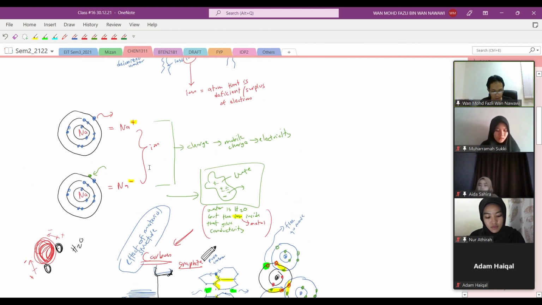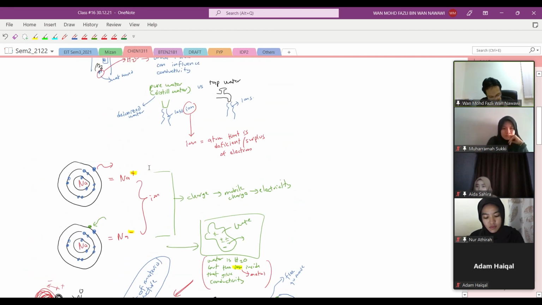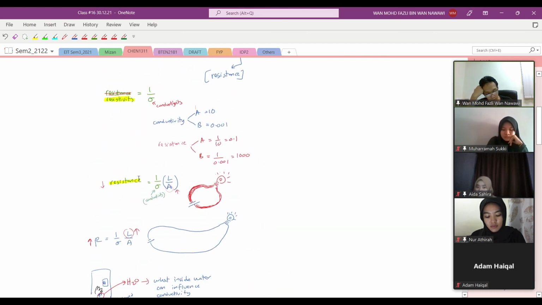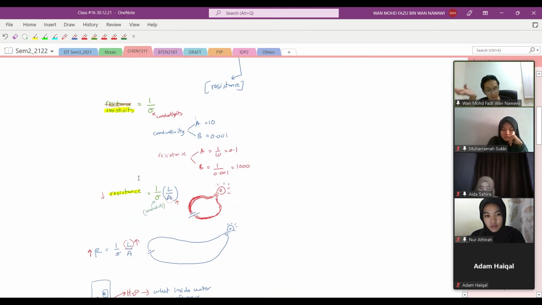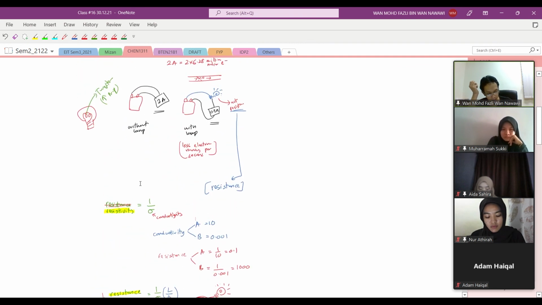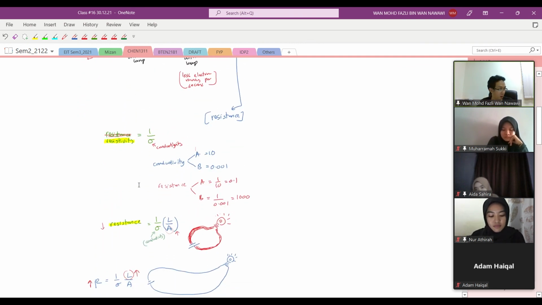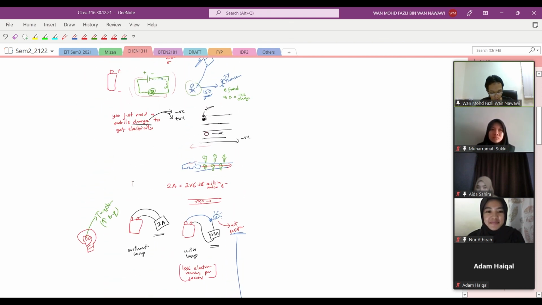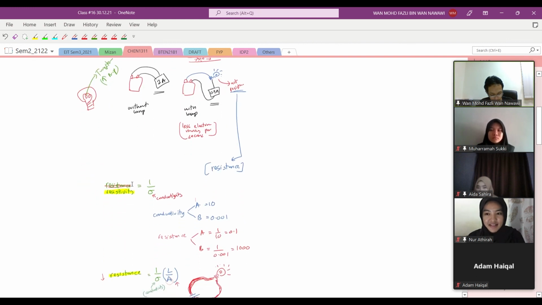And we also learn about the charge, what makes electricity happen. We learn also about electricity, the resistivity, resistance, and so on. Please remember this, because I will talk a little more about resistivity and conductivity in the next class, since I cannot finish today. Please study them again.